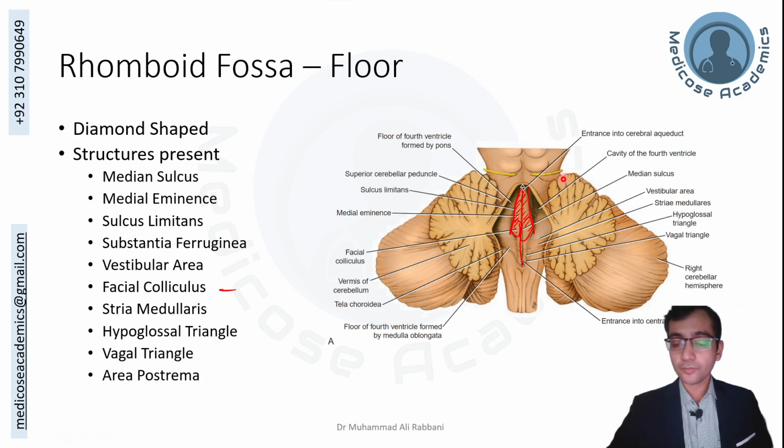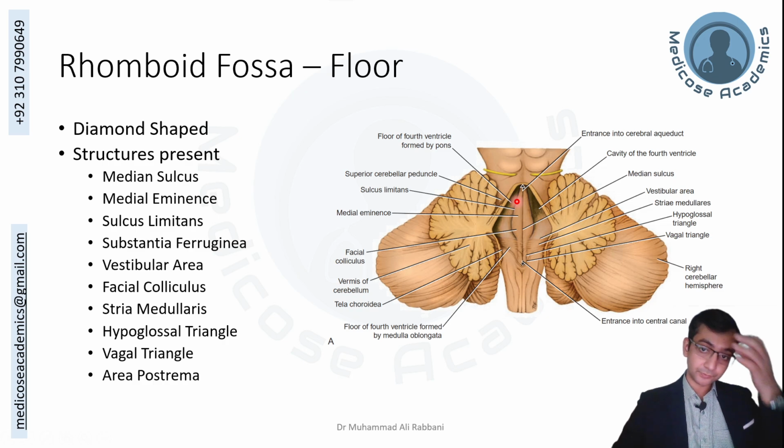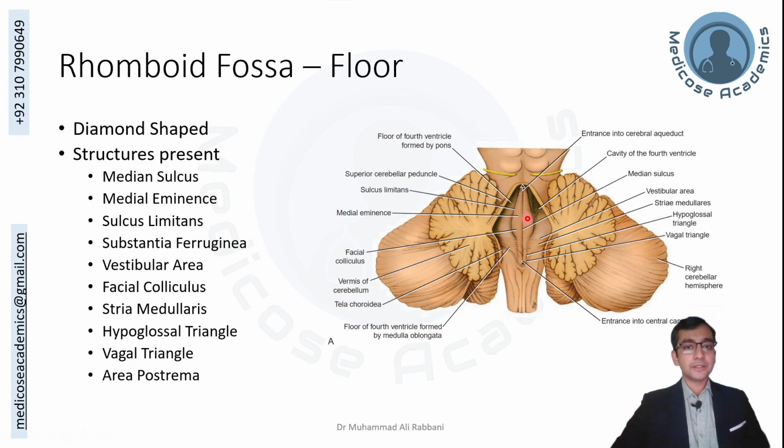So there is the median sulcus, median eminence, facial colliculus, sulcus limitans, and on the sulcus limitans there is a pigmented area called the substantia ferruginea. It is right here, not very prominently shown in this particular picture, and below it the locus ceruleus is present.